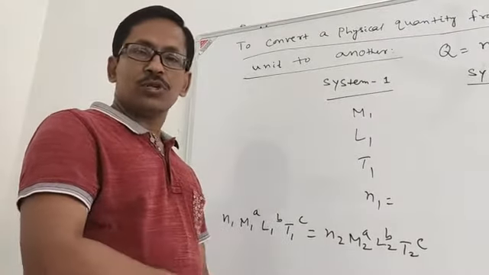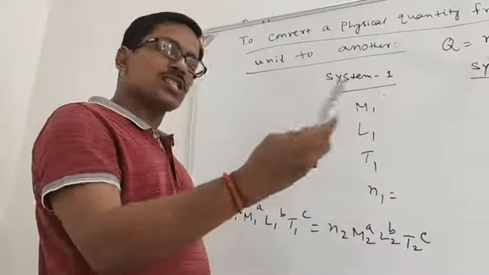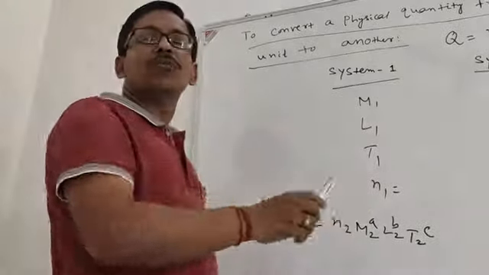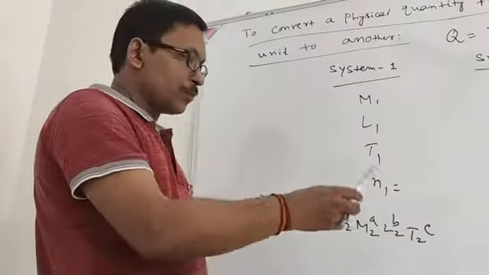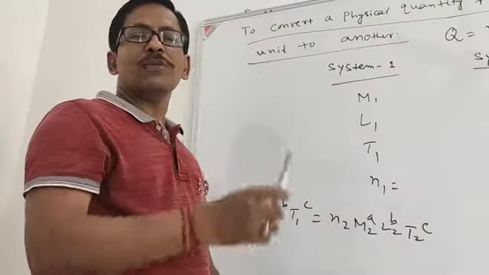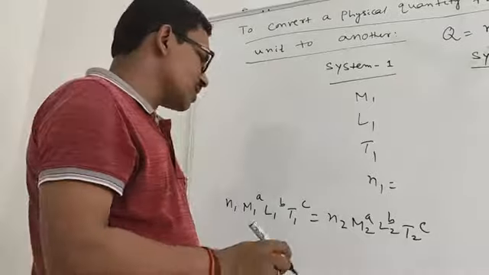Suppose in one system the values are given and in the other system you have to find them, and the sizes of the fundamental units are given. Suppose N1 is given and you want to find N2. You can remember this as a formula and solve this type of question.